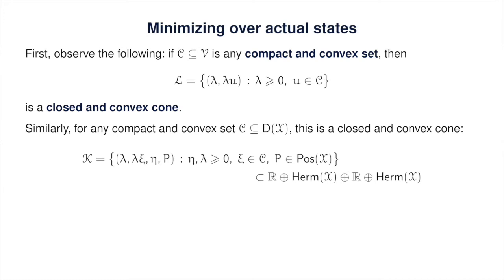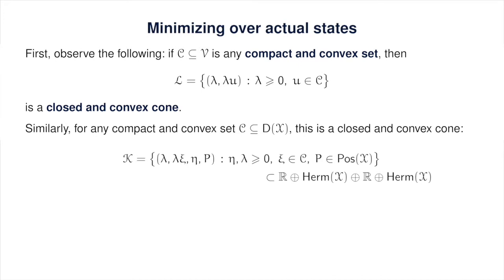The third coordinate of K ranges over all non-negative real numbers η, and the fourth coordinate ranges over all positive semidefinite operators P. Thus, K is essentially the Cartesian product of three closed and convex cones: the cone formed by the first two coordinates, which is just like L, the cone of non-negative real numbers in the third coordinate, and the cone of positive semidefinite operators in the fourth coordinate.